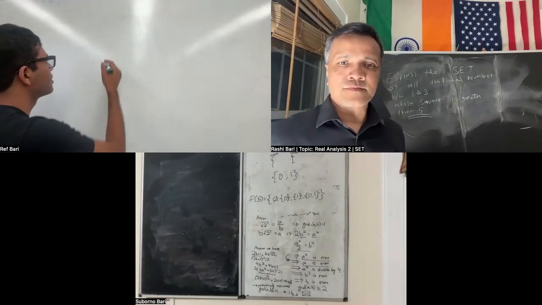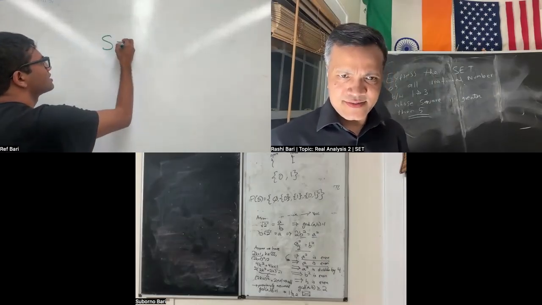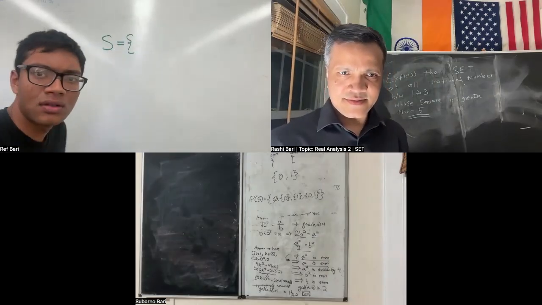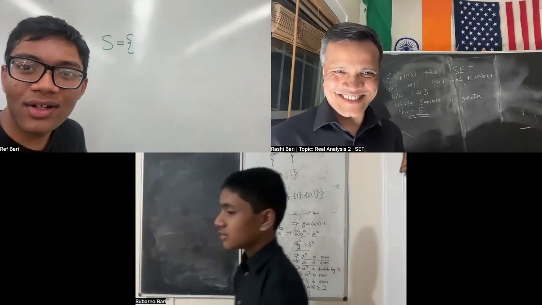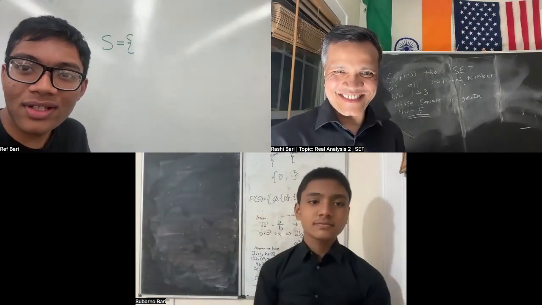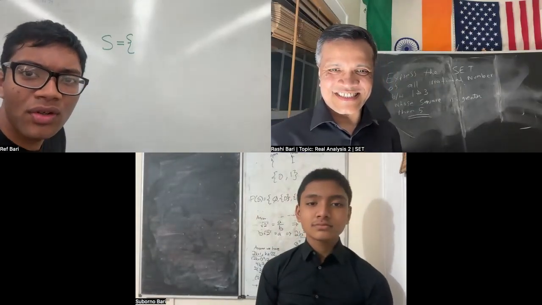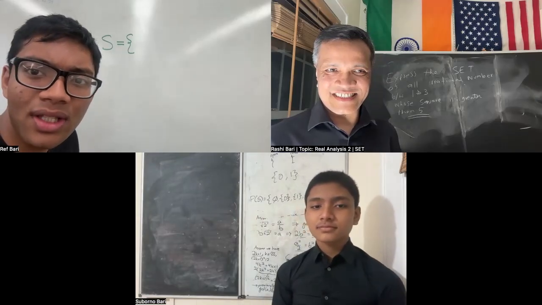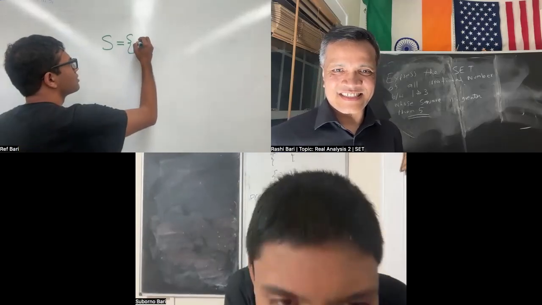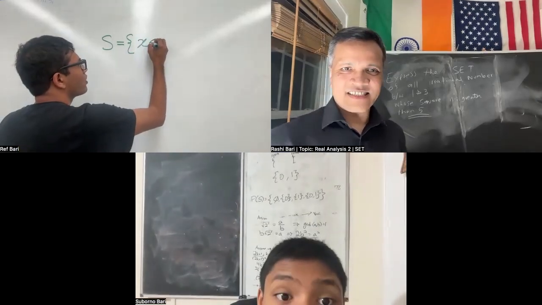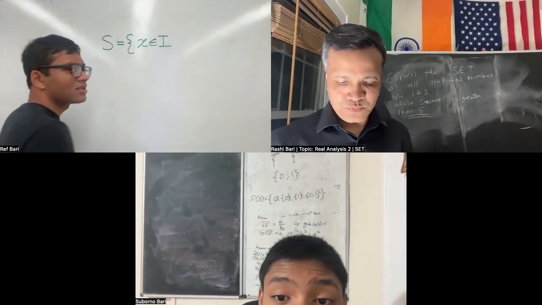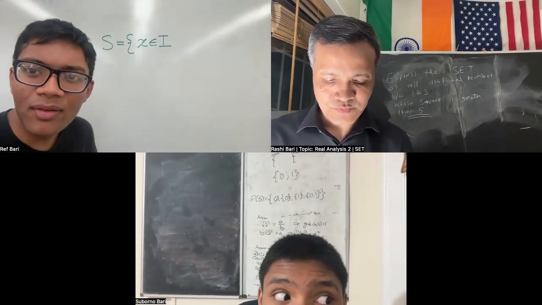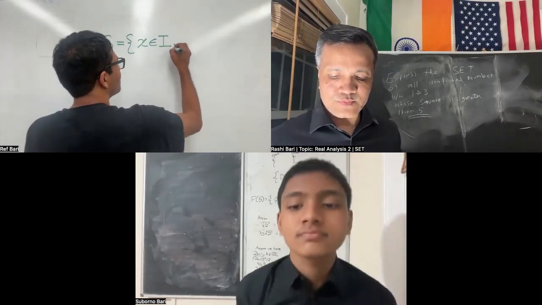Okay. So, the set, the set of all irrational numbers, between 1 and 3. Why are you struggling so much with this? A set of all irrational numbers between 1 and 3.